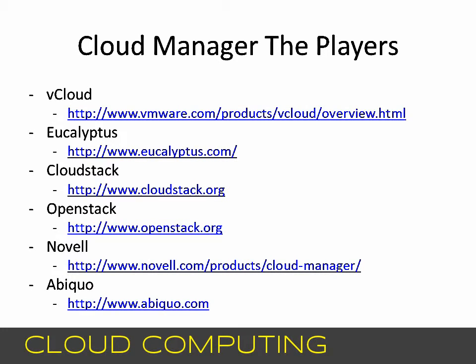So what are some of the offerings in cloud managers? We have vCloud, or VMware's vCloud Director, which obviously only supports VMware hypervisor environments. So if you want to leverage less expensive hypervisors such as KVM or your included licensing with Hyper-V, vCloud Director is really not a big option for you. A solution that we don't hear much about anymore, Eucalyptus.